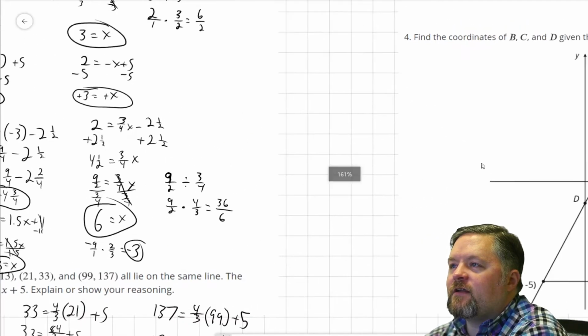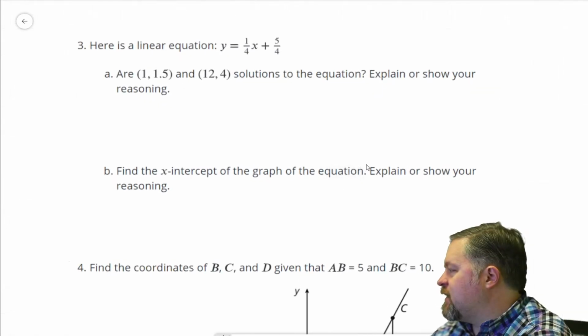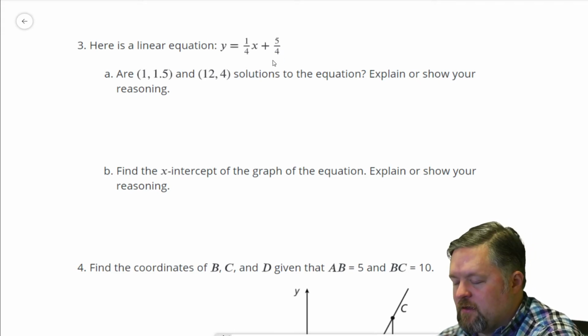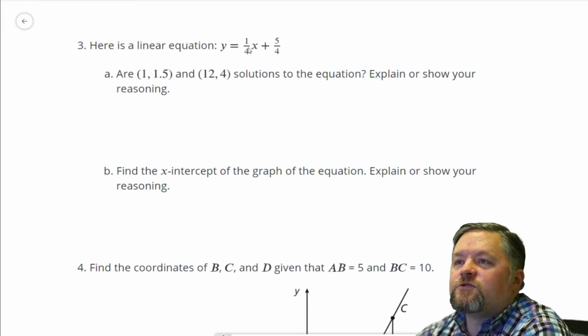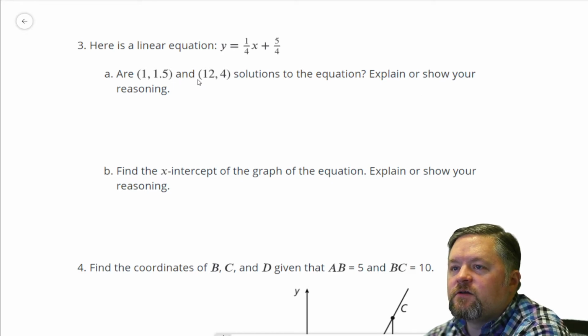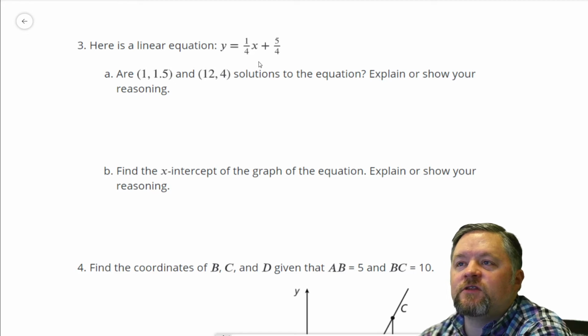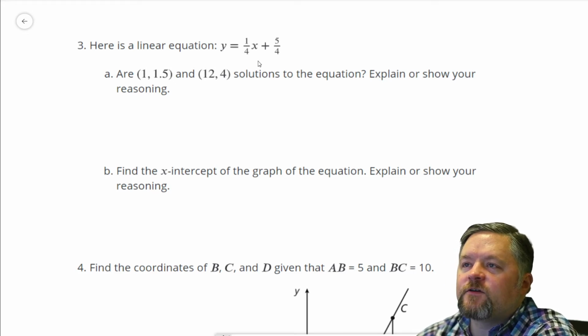Okay, what have we got next? Here is a linear equation. y equals 1/4 x plus 5/4. Are (1, 1.5) and (12, 4) solutions to the equation? So again, we've got an equation, we've got values, we just have to substitute in those points. First one, the y value is 1.5 equals 1/4.